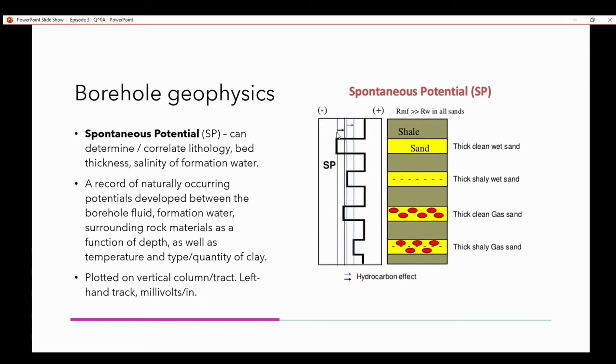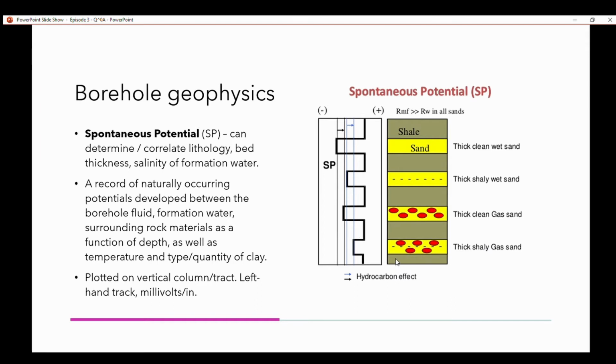As you see, it varies. Sand will increase in resistivity as it increases in saturation. Shale pretty much stays the same. Once you get gas, it decreases a little bit, between those two. And if it's a thick, shaly gas sand, resistivity will be the highest. I keep saying resistivity. It's spontaneous potential.